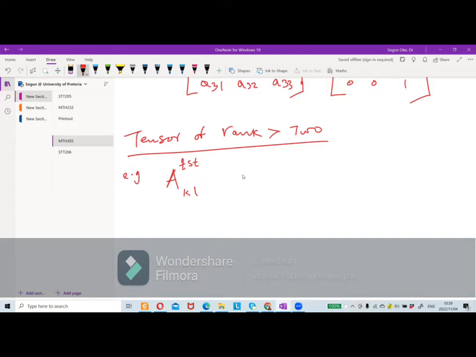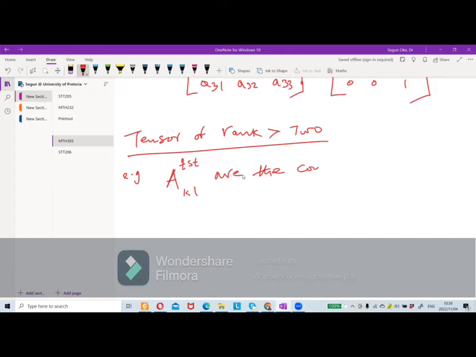This will be the third rank. We've done first rank, done second rank, and if it's greater than 2, this is going to be the third rank. Yes, it's 5. We have 5. That's the meaning.